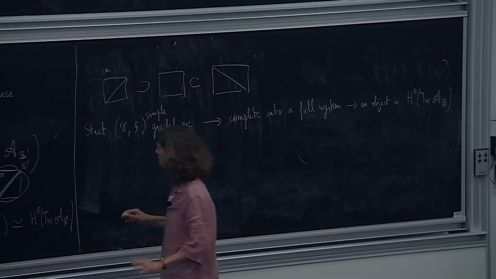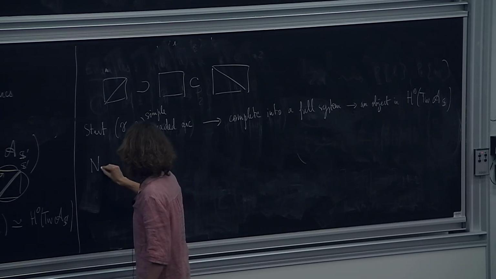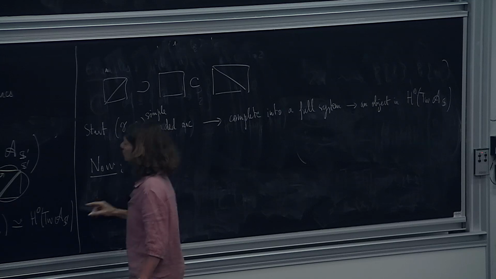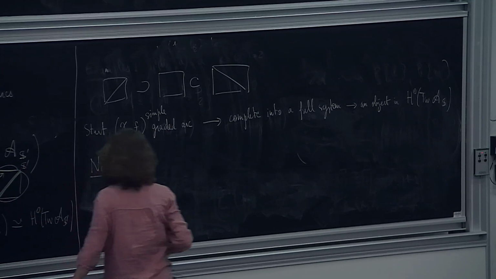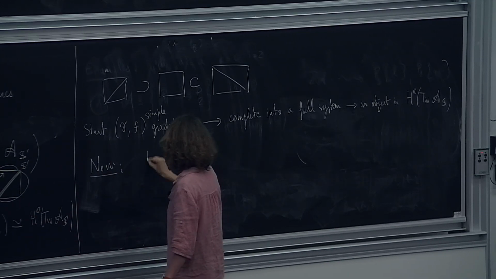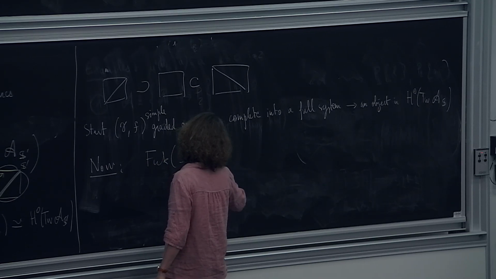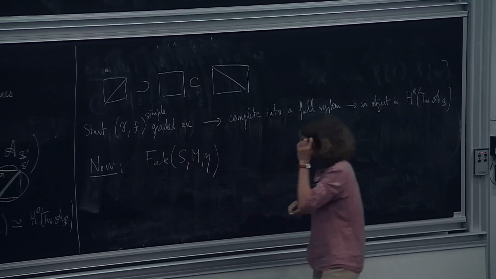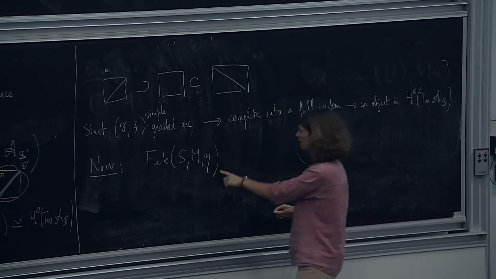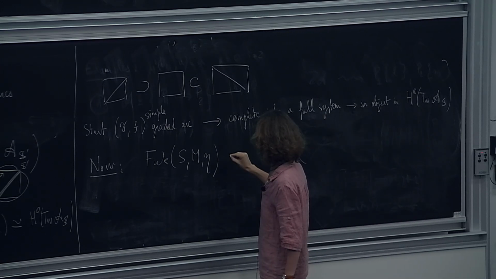So it means that, because this equivalence is canonical, we can really speak about this Fukaya category just depending on the surface with a graded field, with a line field.